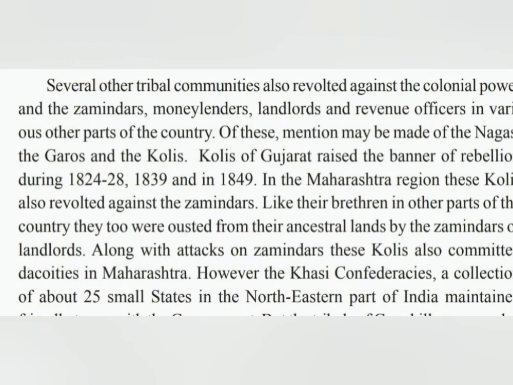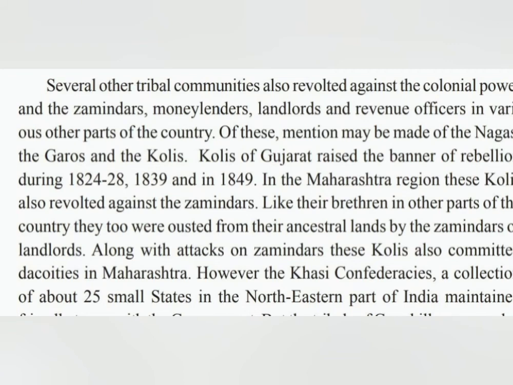Several other tribal communities also revolted against the colonial power, and the zamindars, moneylenders, landlords, and revenue officers in various other parts of the country. Of these, mention may be made of the Nagas, the Garos, and the Kolis. Kolis of Gujarat raised the banner of rebellion during 1824 to 28, 1839, and 1840.